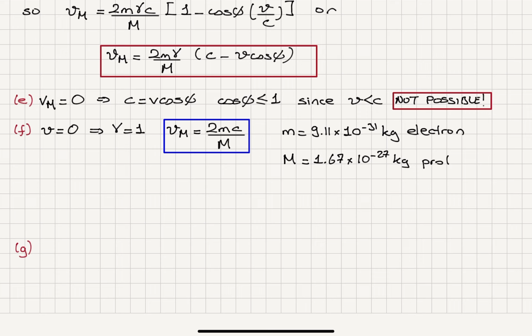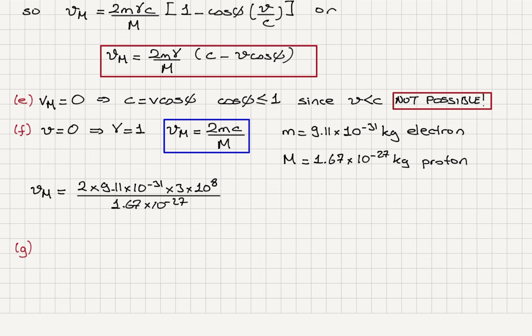That's the mass of the proton. So if I substitute these numbers for the electron and positron to be stationary in this collision process, I will have 2 times 9.11 times 10 to minus 31 times 3 times 10 to 8 meters per second divided by the mass of the proton, 1.67 times 10 to minus 27 kilograms.